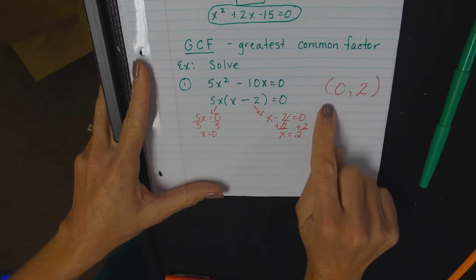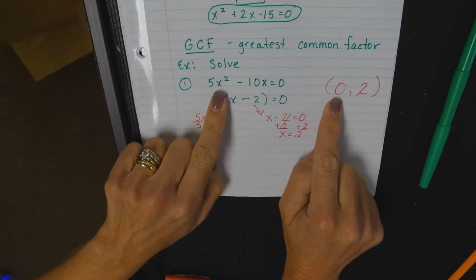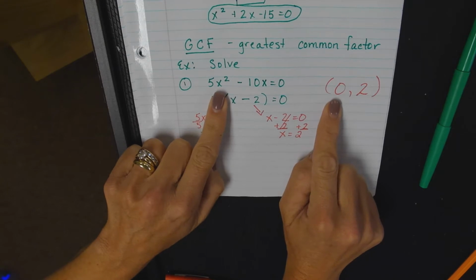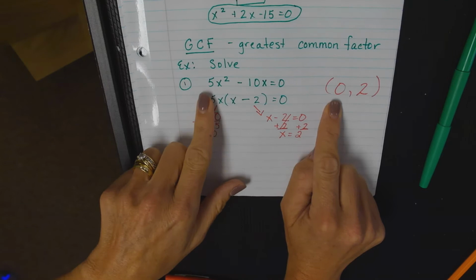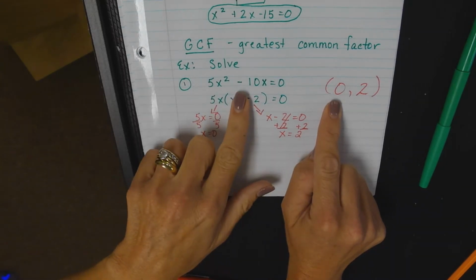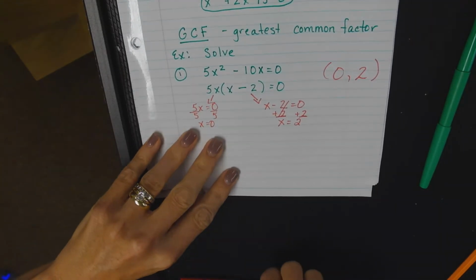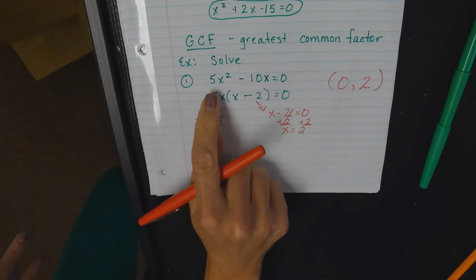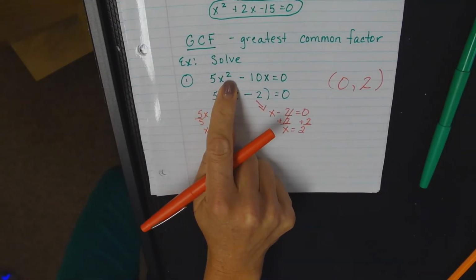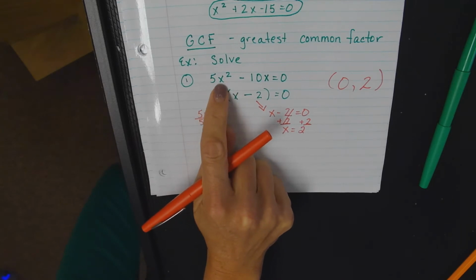Well, let's try 0. 0 squared is what? 0 times 5 is 0. 0 minus 0 is 0. Let's try 2. 2 squared is what? 4. 5 times 4 is 20.